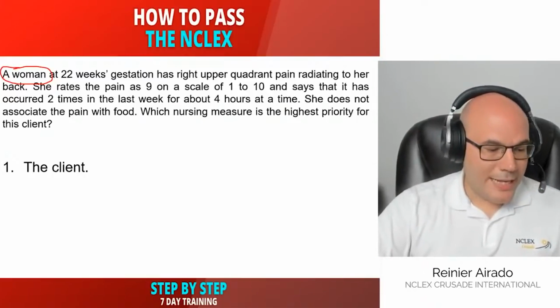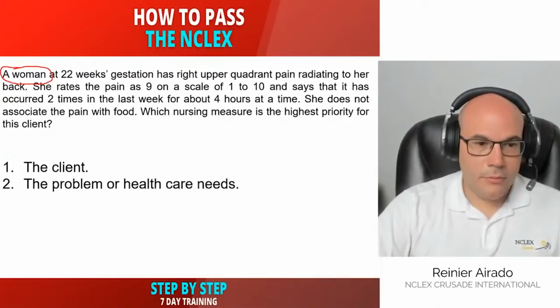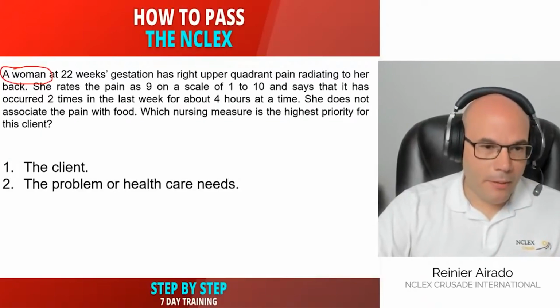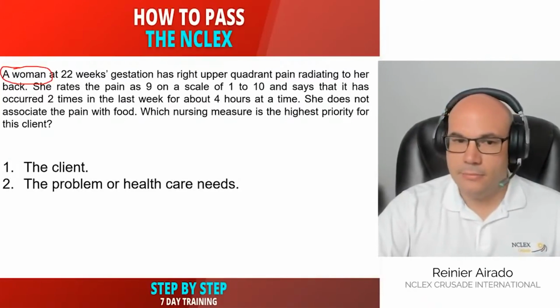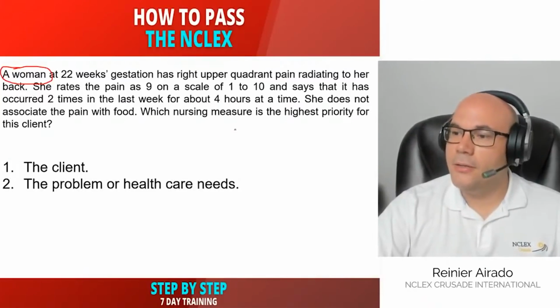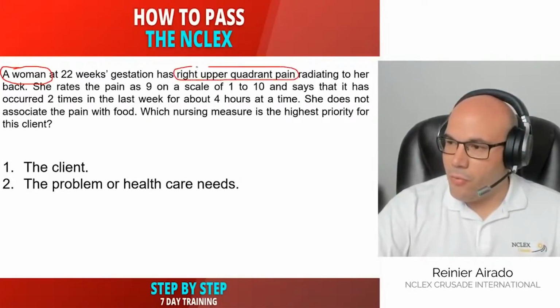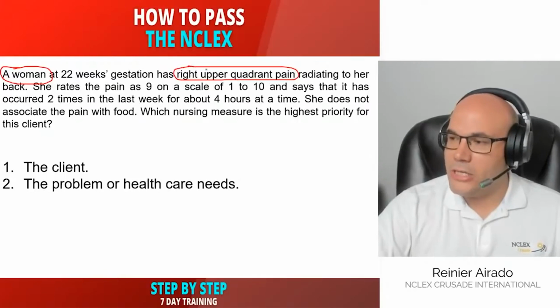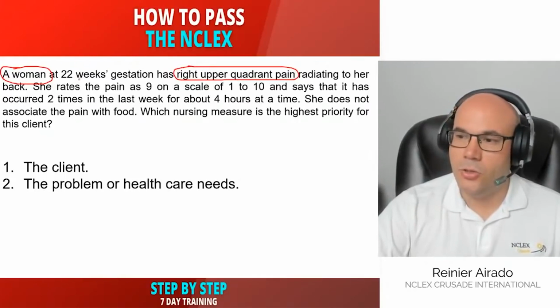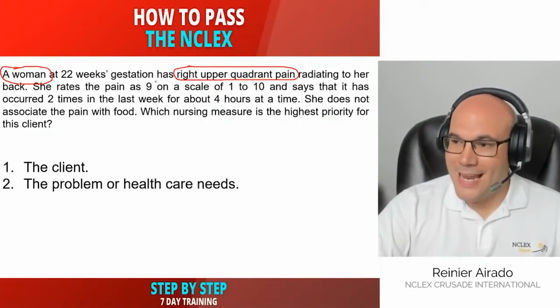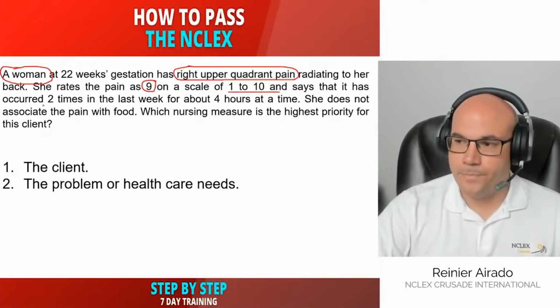Number 2, second factor. What is the problem or healthcare needs? Well, the patient has right upper quadrant pain, radiating to her back. Her pain is 9 on the scale of 1 to 10.